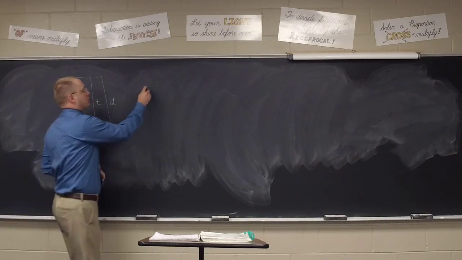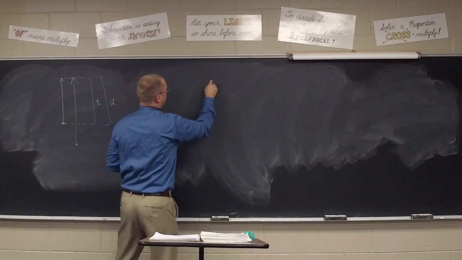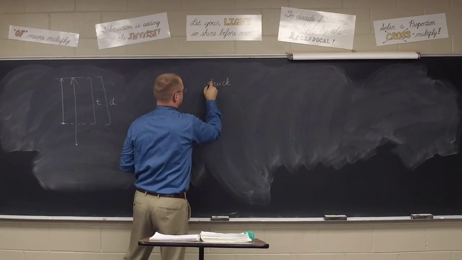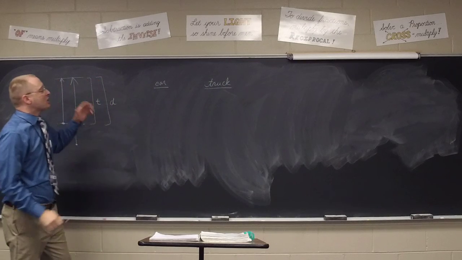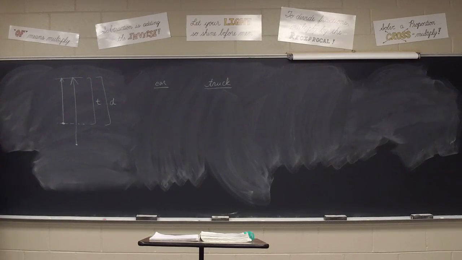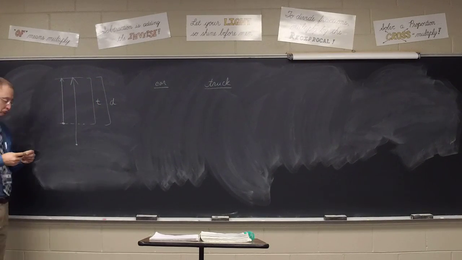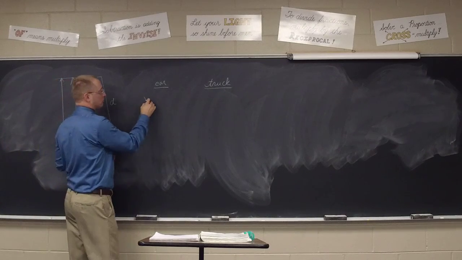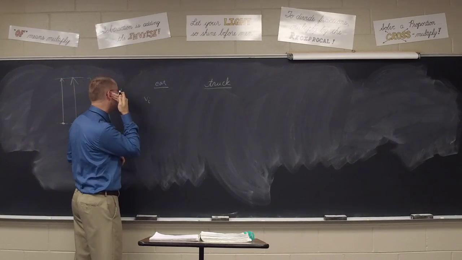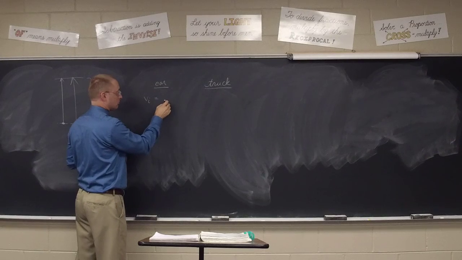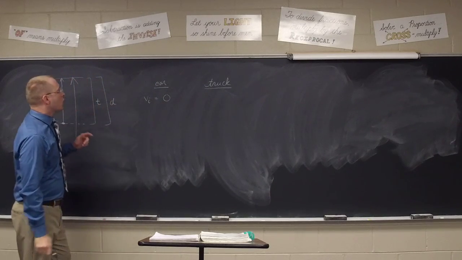So I'm going to separate these two things into two columns. We'll have car and we'll have truck. Now technically it's an SUV, but whatever. Okay, so let's start with the car. The car was sitting at the stoplight, so initial velocity 0. Initial velocity 0, okay?